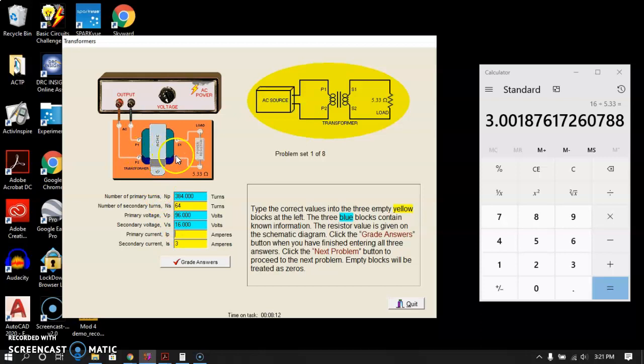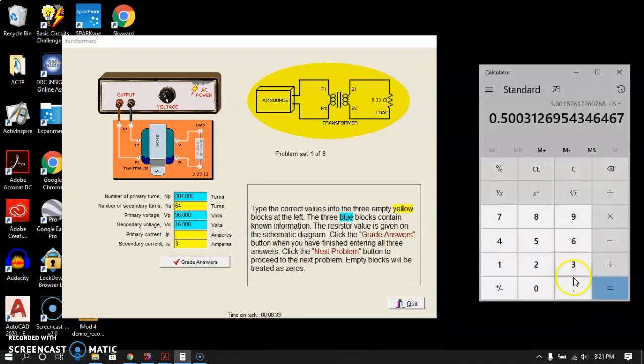When the voltage is stepping down to the secondary, we know our current is stepping up to the secondary. So I'm expecting my primary current to be a lesser value than my secondary current. It will also be by a factor of 6. So in this case, I can take my 3 amps and divide that by 6, use division instead of multiplication, to get an answer of 0.5. 0.5 amps is the current on my primary.